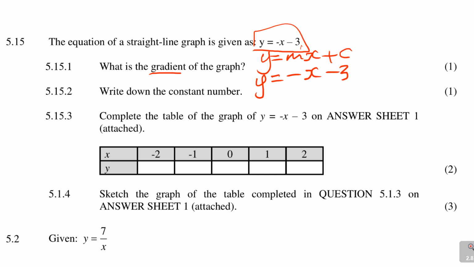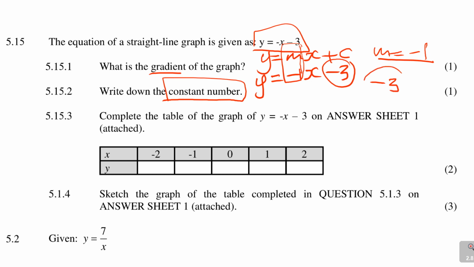There is the gradient minus, but what is the number there? Minus 1, because it's a default 1 there. So m is negative 1. Not just negative, but minus 1. And then if they say, write down the constant number, look at that. What's the constant number? There it is, negative 3. That's my c. Right. And then it says, complete the table of y is equal to this.